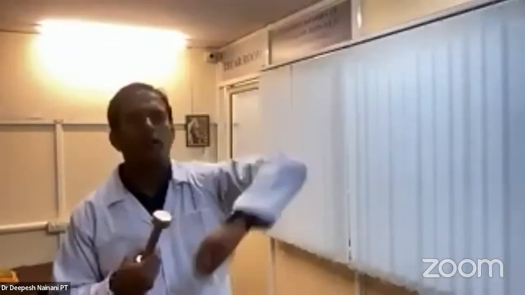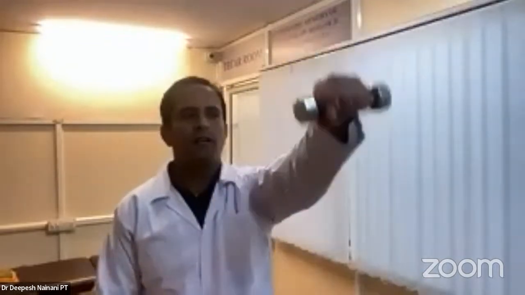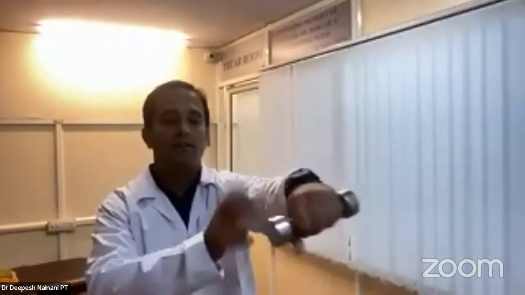We will do all the movement of the elbow joint with the 1 kg dumbbell. The movements are of the wrist joint, but it arises from the elbow joint. So you have to understand that I am doing the movement of the wrist joint, but it is related to the elbow joint.